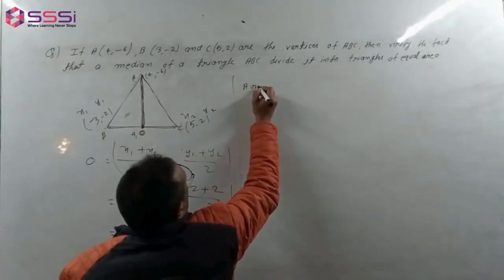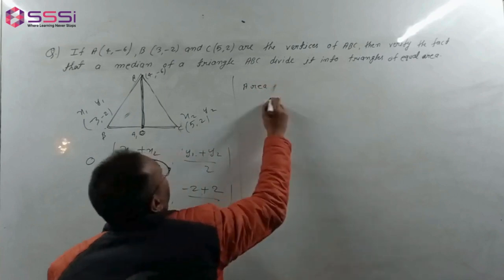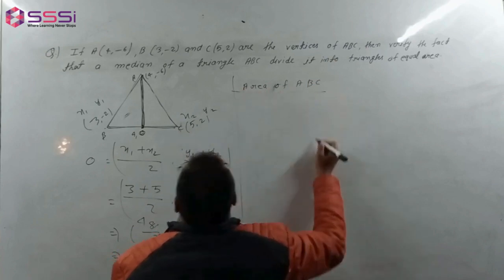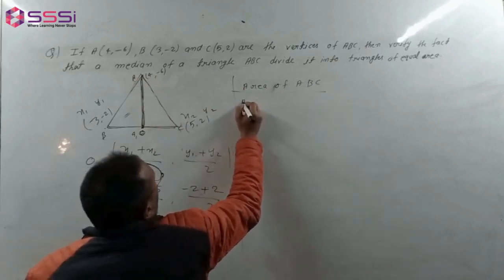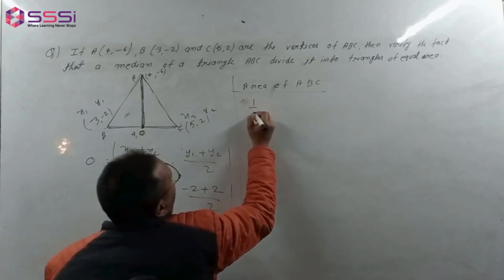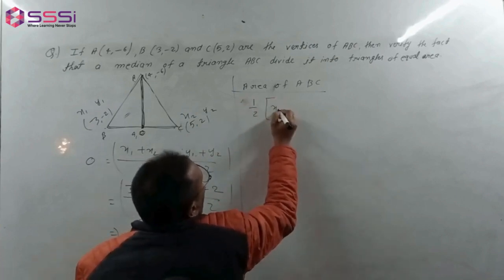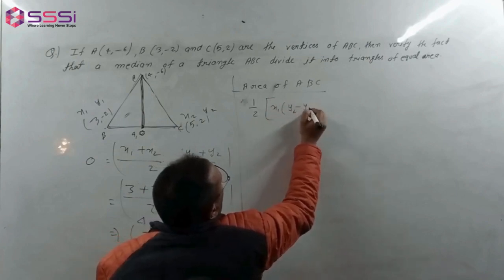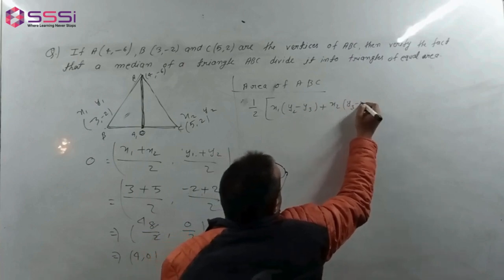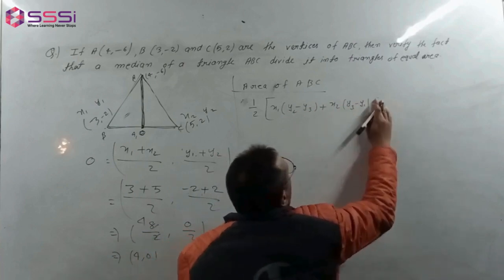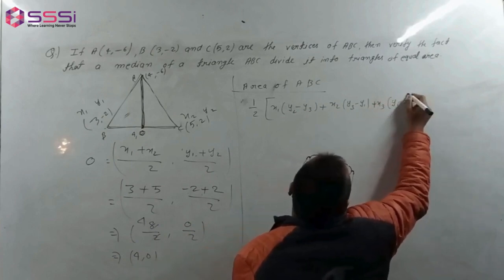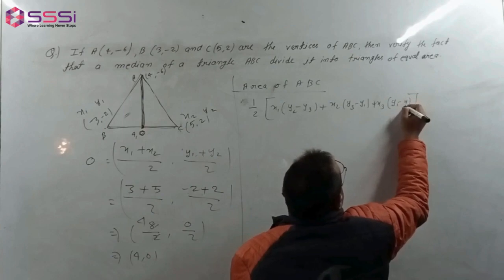So we are going to find the area of ABC, and the area of ABO. This is our formula: 1 by 2 times x1 (y2 minus y3) plus x2 (y3 minus y1) plus x3 (y1 minus y2).